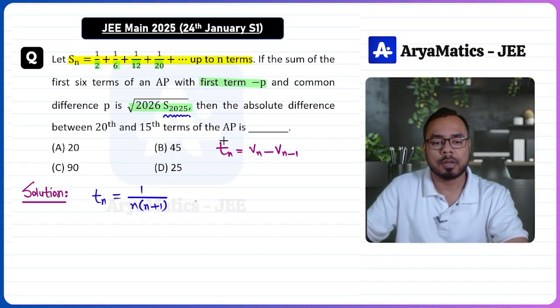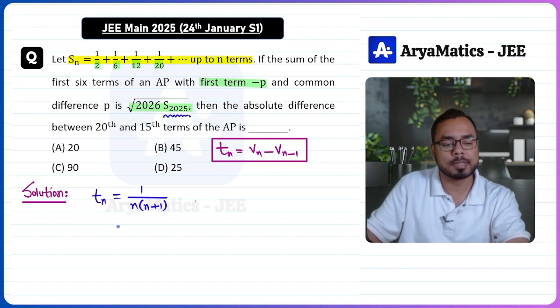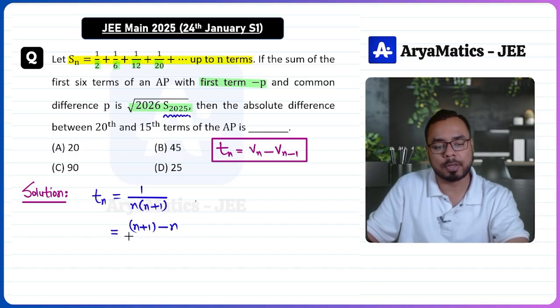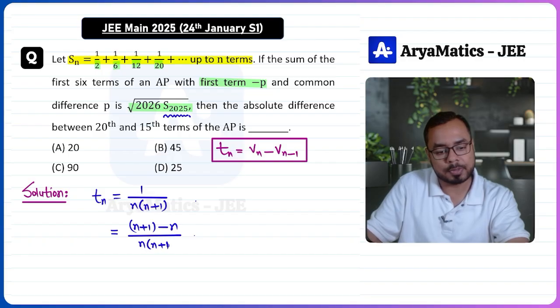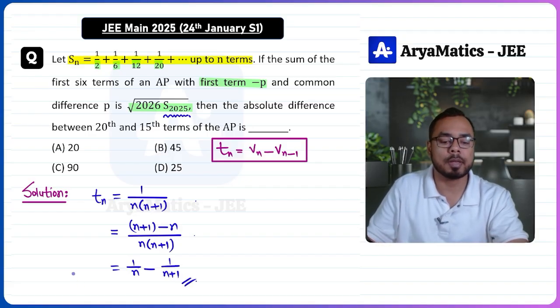So here write the general term as the difference of two consecutive terms, and then when we add, the alternate terms will cancel. So for that, this 1 in the numerator, you can write as n plus 1 minus n, and this divided by the denominator will be n into n plus 1. And now you can see that when you separate the two terms, then you will get 1 by n minus 1 by n plus 1. So this is the general term Tn, right?